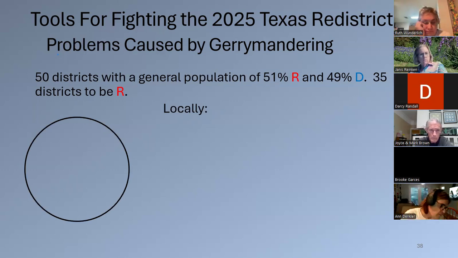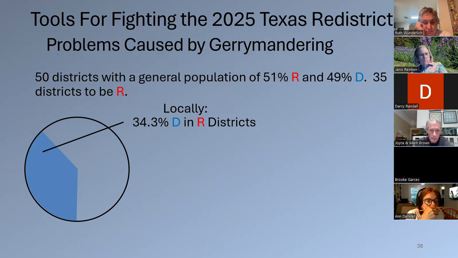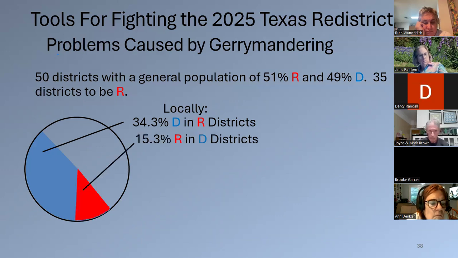If you think about local elections in this state, 34% of the citizens are Democrats who are voting in Republican districts, or in this example, D's voting in our districts. And there are 15.3% of R's who vote in D districts. Those people have no choice in their local offices because they're gerrymandered toward the opposite party.